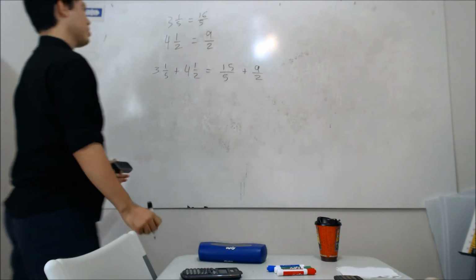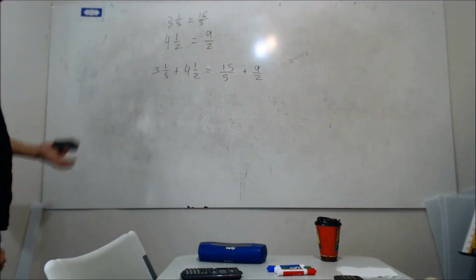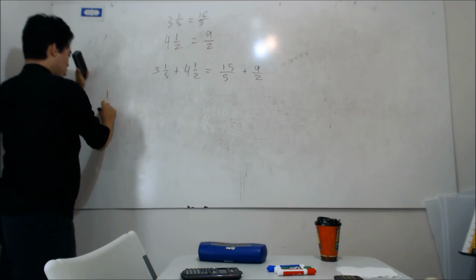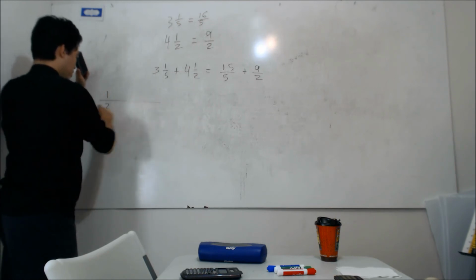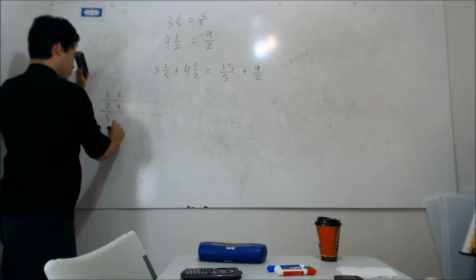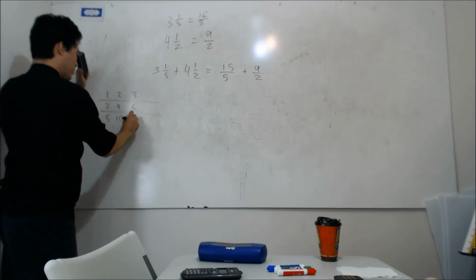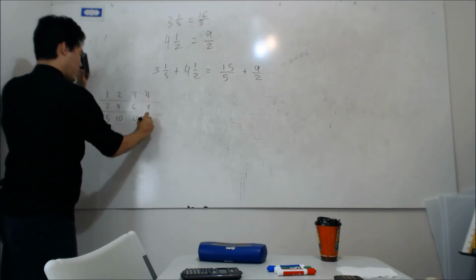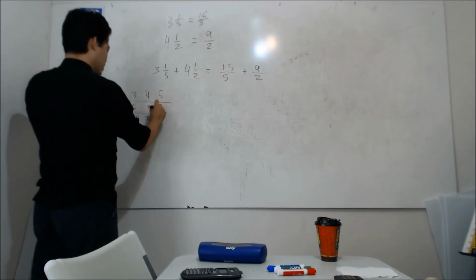Well, now we want to find out what's a good common multiple, a good denominator for these. So what we do is we make our table. Okay. So we're going to have 2 times 2 is 4, 2 times 5 is 10, 3 times 2 is 6, 3 times 5 is 15, 4 times 2 is 8, 4 times 5 is 20, 5 times 2 is 10.